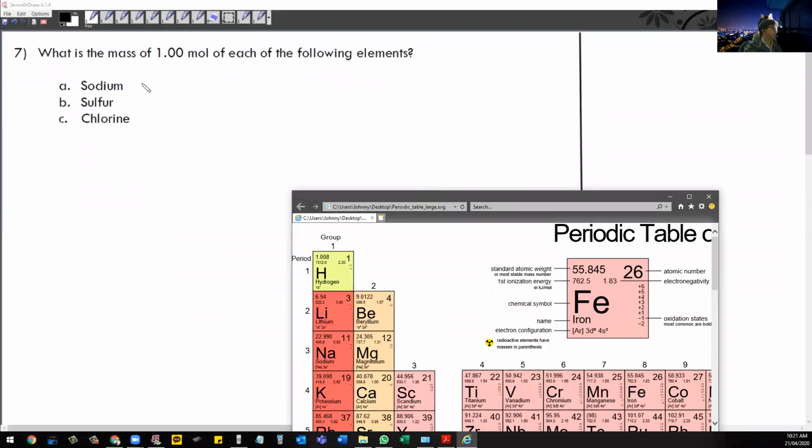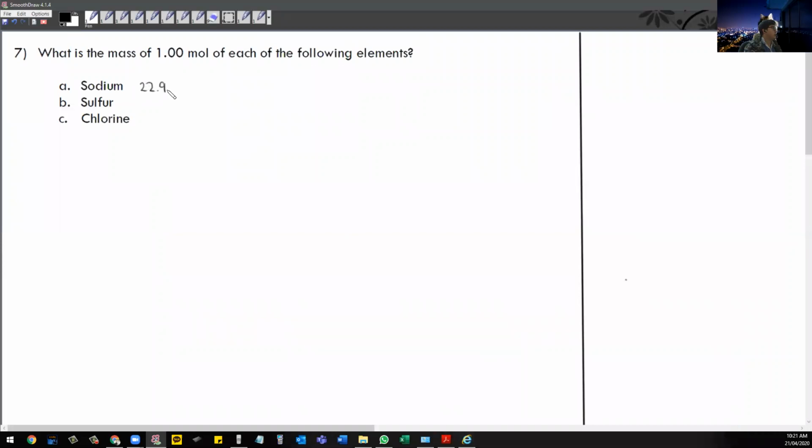So 22.99 grams per mole. That's the molar mass, and the symbol for that is Mr. So for A, Mr is 22.99 grams per mole. And then the formula is number of moles is equal to the mass divided by the molar mass.